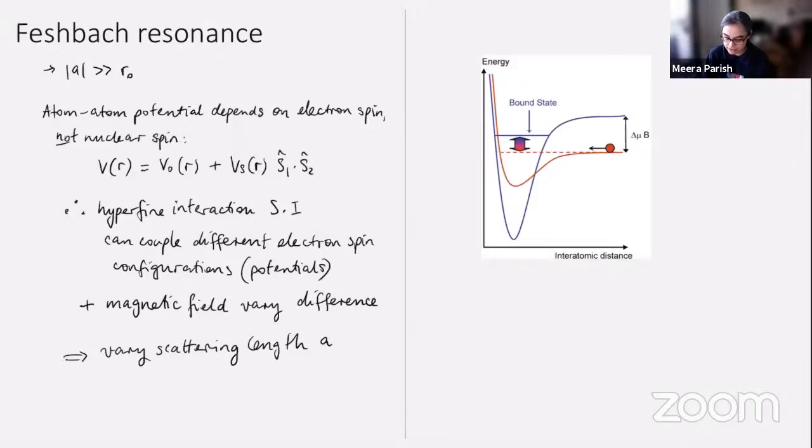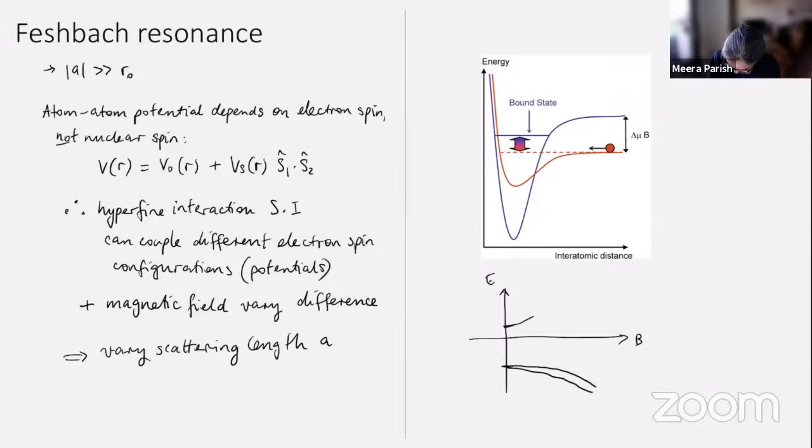So I guess you're saying that typically these two atoms coming in would be in some hyperfine state. Let's say we drew the energy as a function of field. I can draw lithium-6, which has something like this.